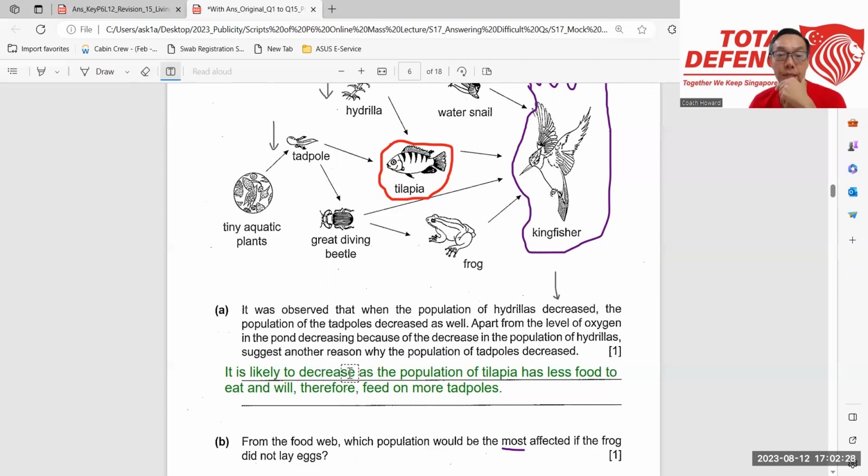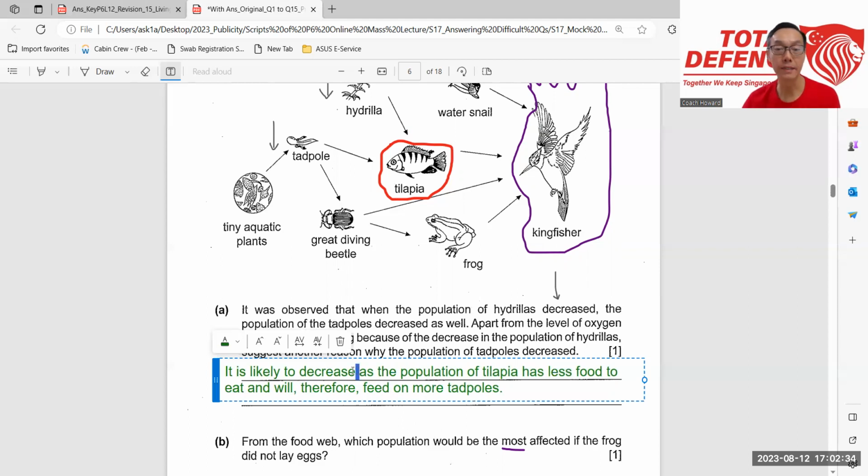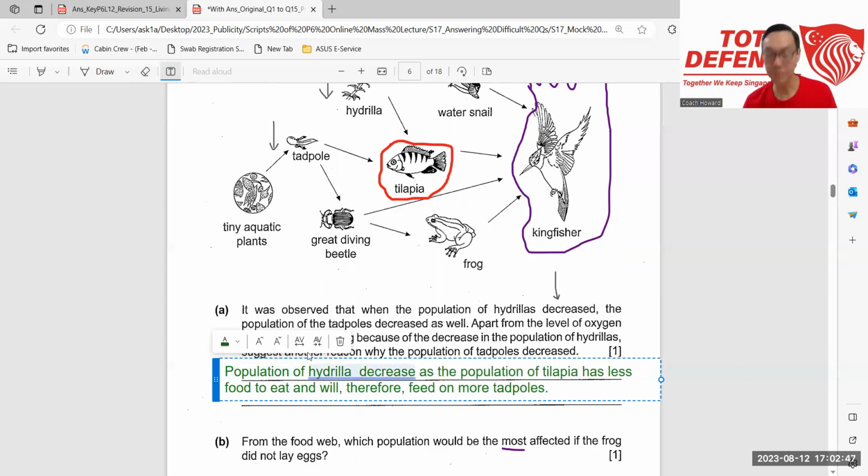Okay, maybe you improve by saying S. Okay, I change this part. Population of hydrilla decrease.